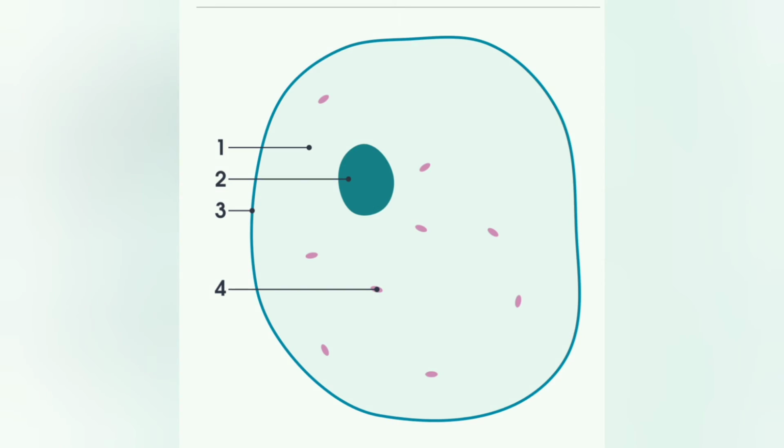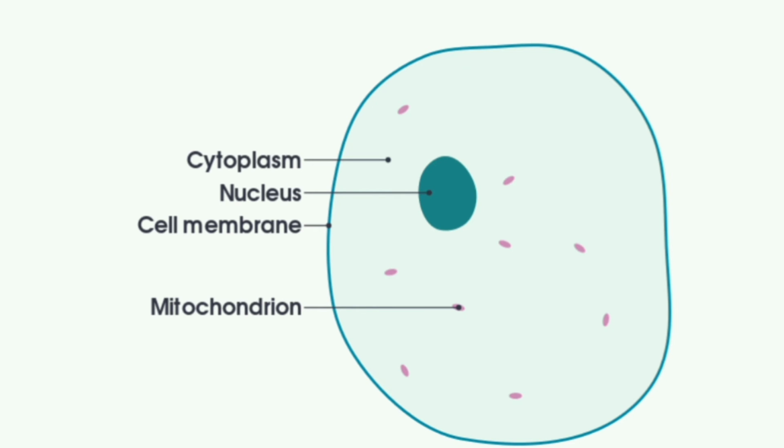I hope you understood the structure of cell. So can you label these parts of the cell which is shown in this picture? Here are the parts of this cell.